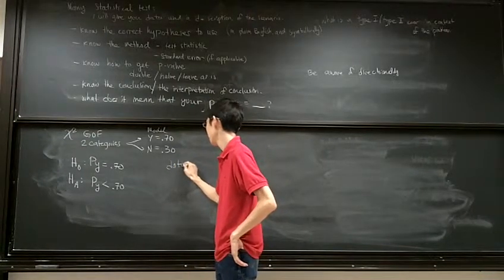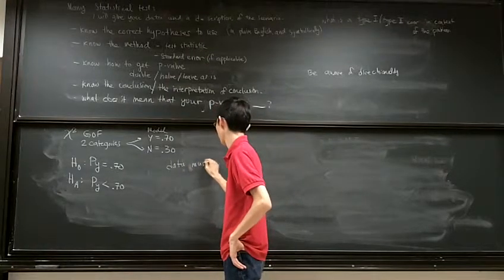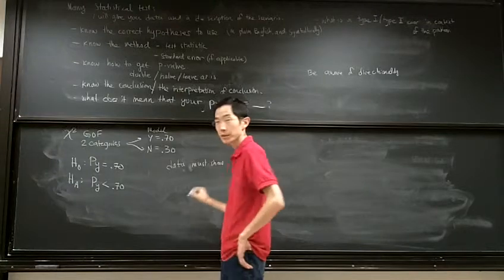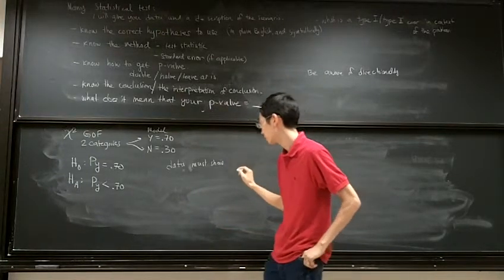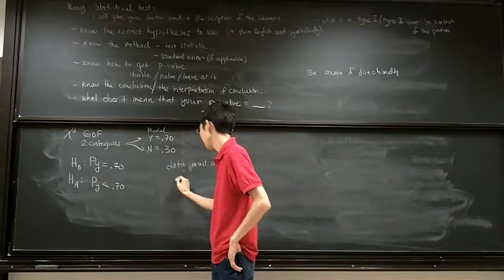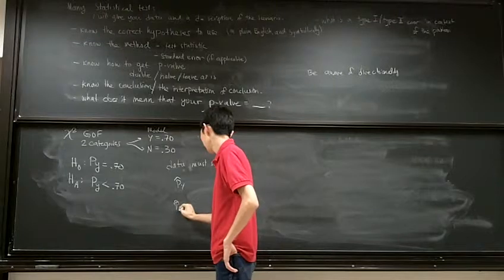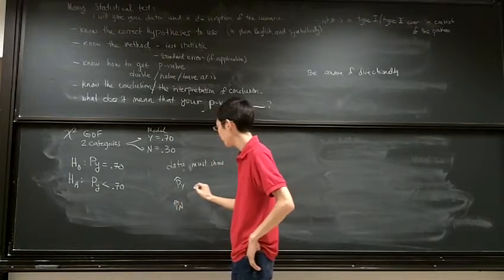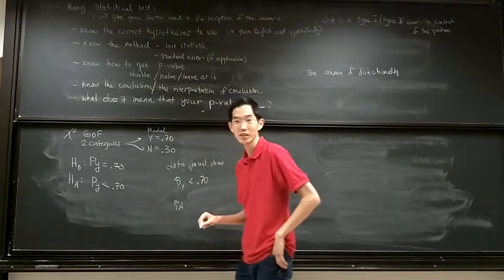What should the data show to check directionality? It should show fewer yeses. The data must show that, so you're going to get a p hat for the yes and a p hat for the no, and your p hat for the yes should be less than 70%.